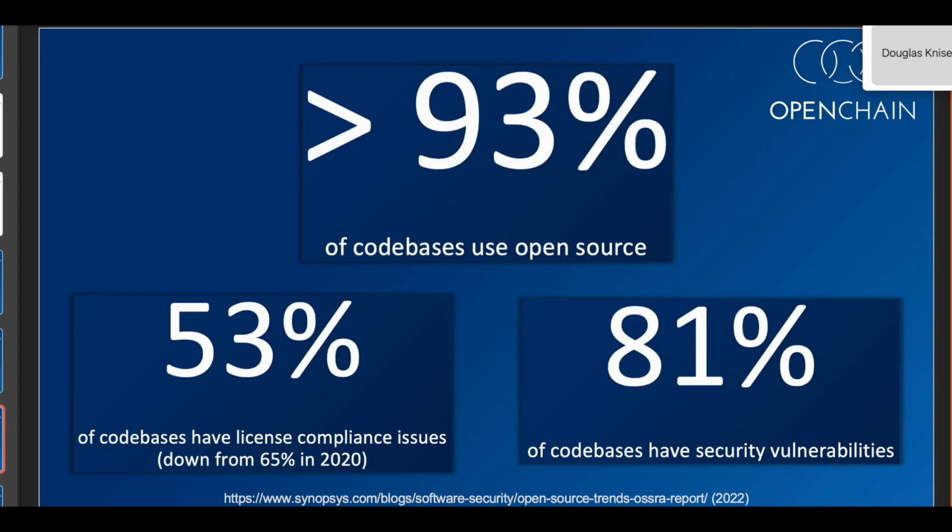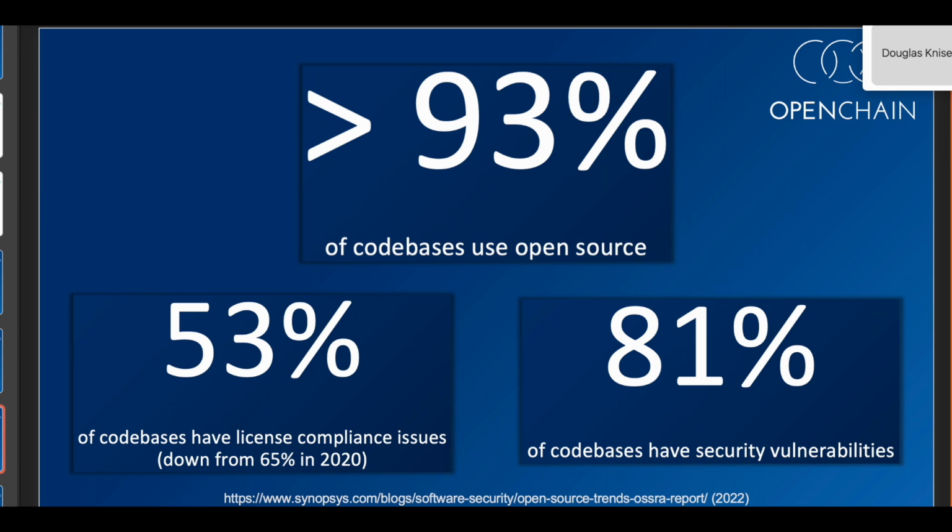Now, open source naturally is not exempt from this type of management challenge. Most industries are now indicating 100% of code bases contain some open source. In the industry verticals that Synopsys found the least use of open source, they were still seeing 93% or above.